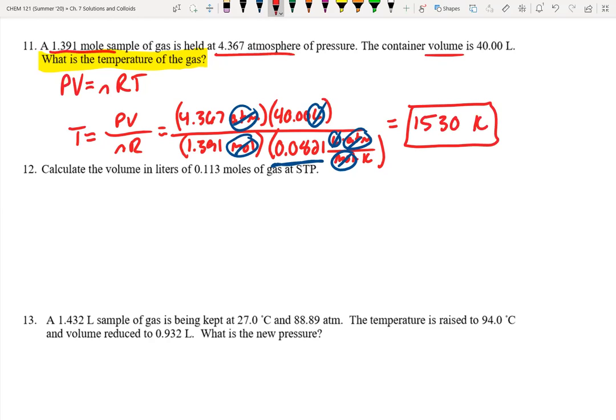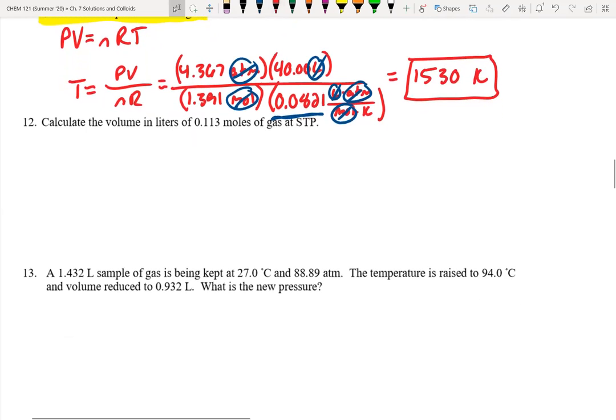Okay, and then the next one, calculate the volume in liters of 0.113 moles of gas at standard temperature and pressure. That's what STP stands for. It's not Stone Temple Pilots, which I guess is kind of a dated band. But the main thing to remember is at STP, there's 22.4 liters of gas per mole, regardless of what the gas is.